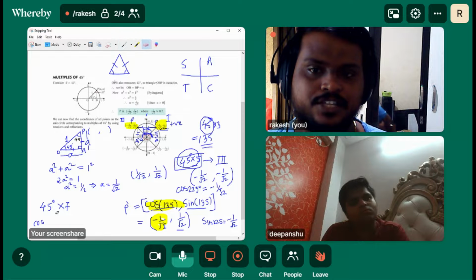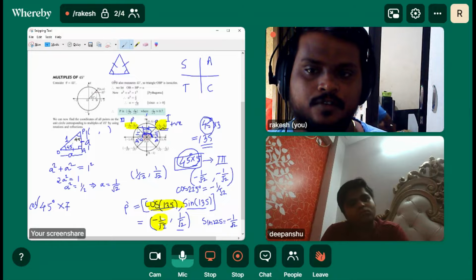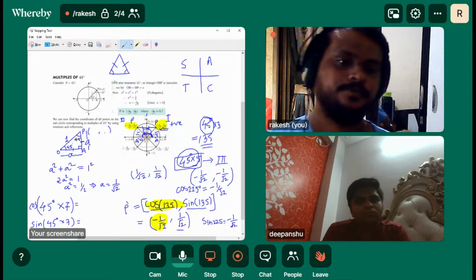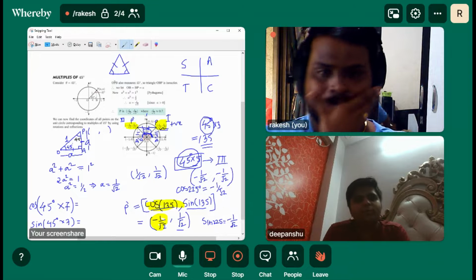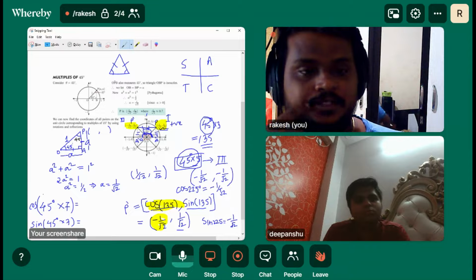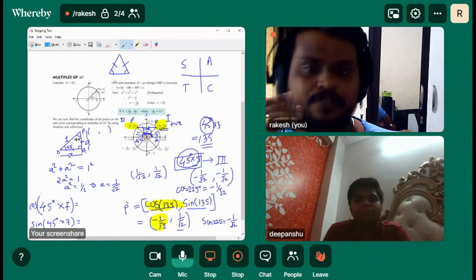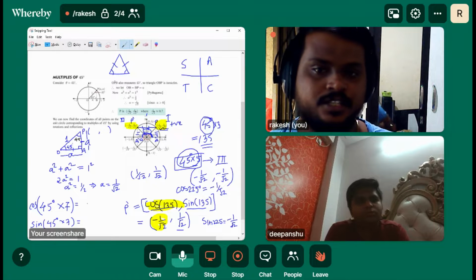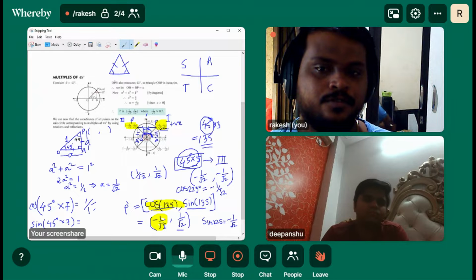What is cos of 45 into 7, and what is sine of 45 into 7? Let me know the values. 1 by root 2, minus 1 by root 2. What is the angle? 315. Which quadrant? Fourth. So cos is 1 by root 2, sine is minus 1 by root 2.